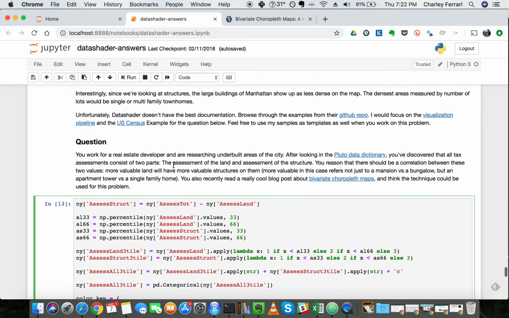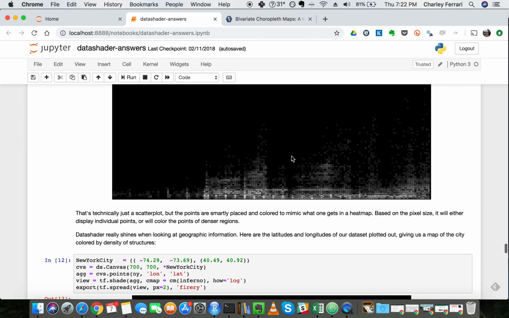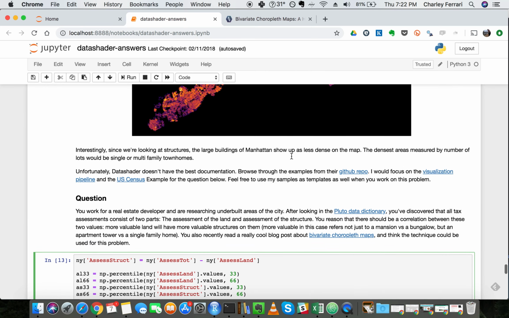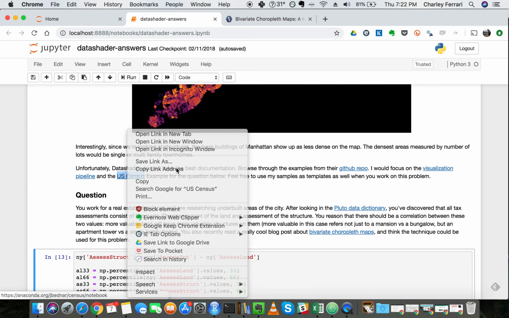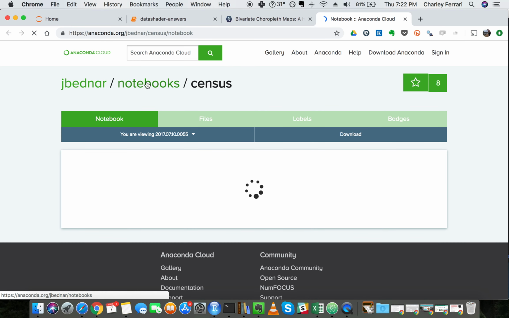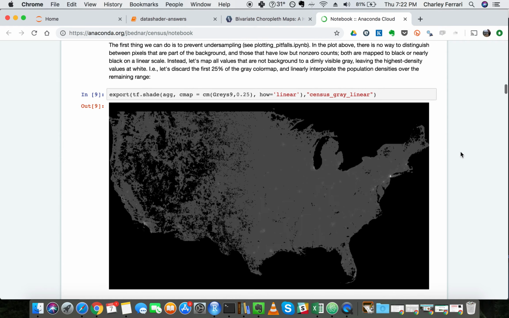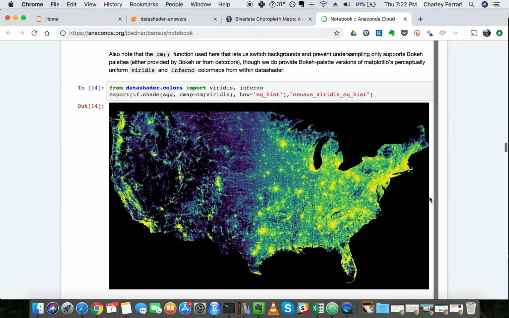Then this is pretty clearly seen in the example of the census visualization with Datashader. I know the Datashader documentation isn't the best, but I tried when I can to make sure that the relevant examples are linked to, and hopefully just by going through these, it'll give you that feel for the data.